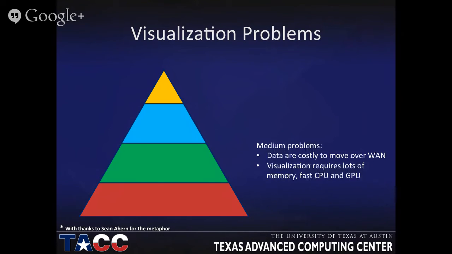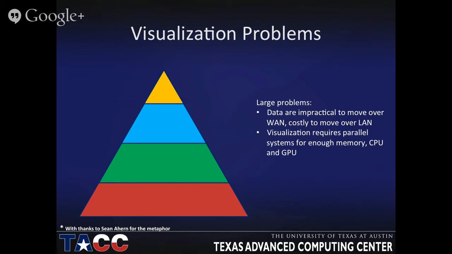One step up the ladder, we start getting to medium scale problems where it's getting pretty painful to move the data set around from place to place. The requirements for running ParaView and VisIt move away from what you can normally do on a 32 gig laptop, and you start needing serious amounts of memory, in the hundreds of gigabytes, more compute power, maybe a more powerful GPU, to provide the performance you need for interactive visualization of this stuff.